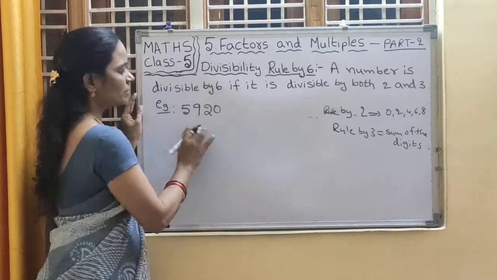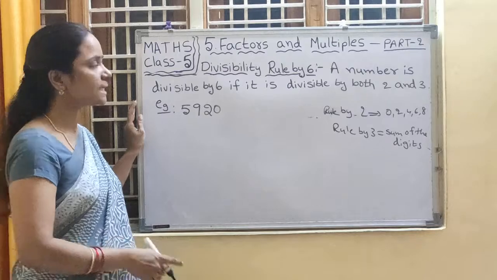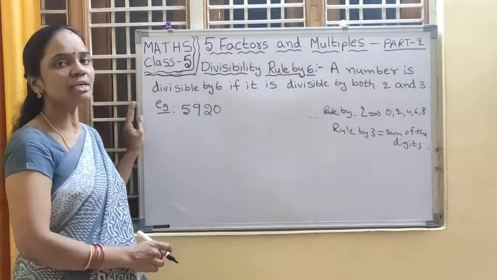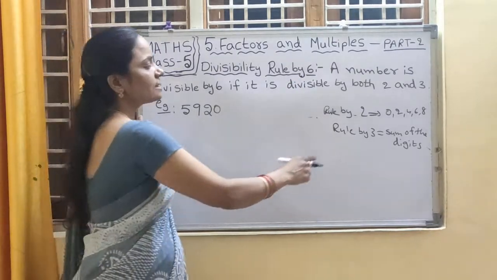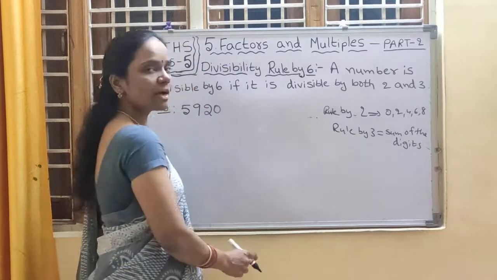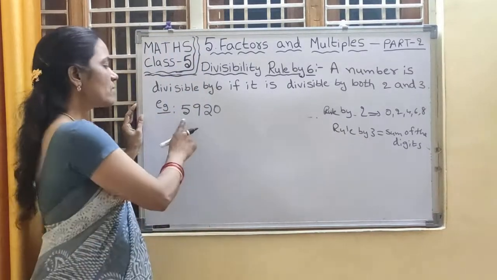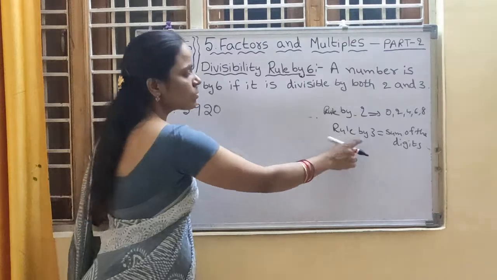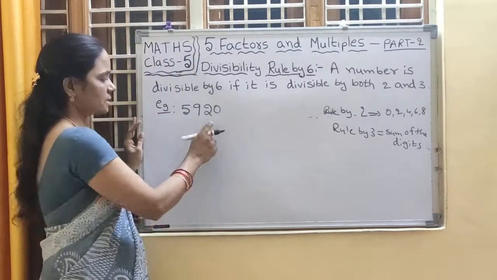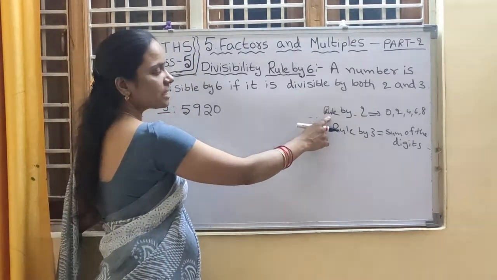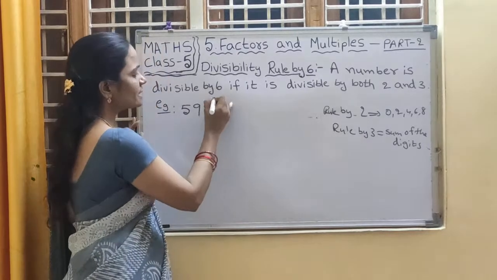5,920. Whether this given number is completely divisible by 6 or not. First, what we have to do? We have to check whether this number is divisible by 2 or not. Then we have to check whether 5,920 is divisible by 3 or not. First, apply the rule by 2. What is the ones place digit here? 0.